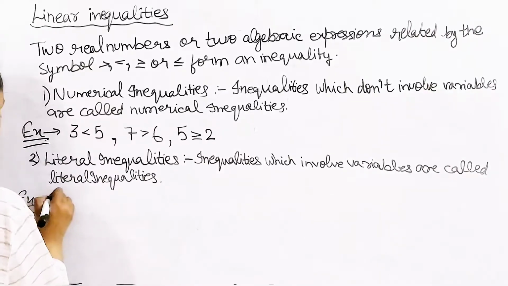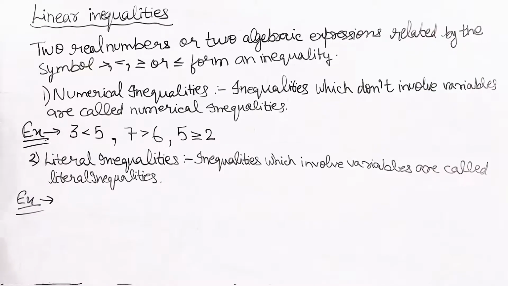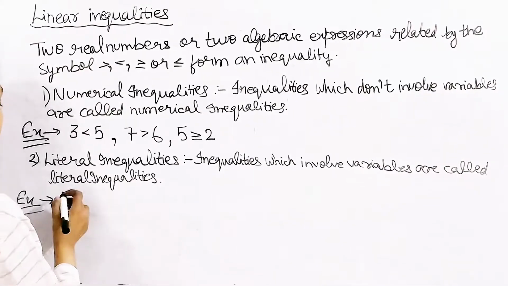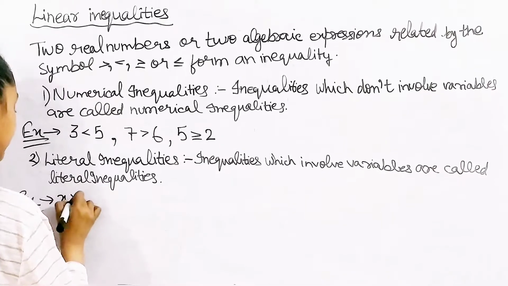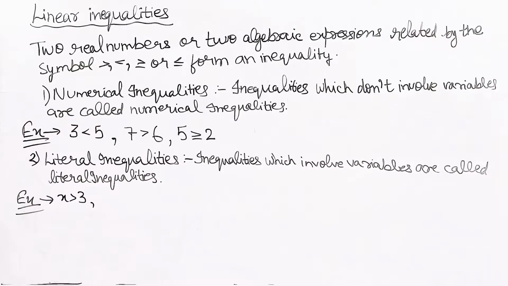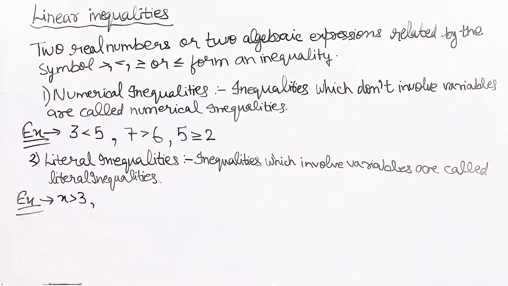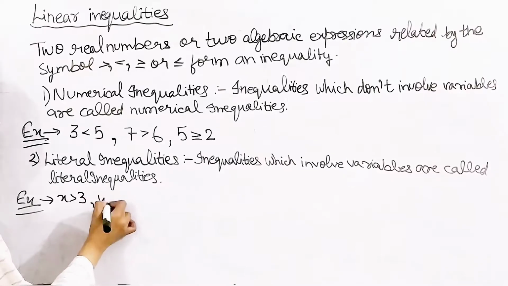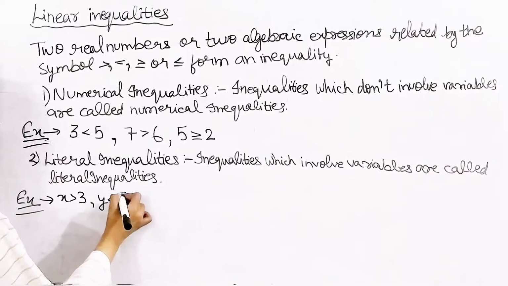Example. Let me change the marker. For example, let's say x is greater than 3, or maybe I can even say that y is less than or equal to 5.